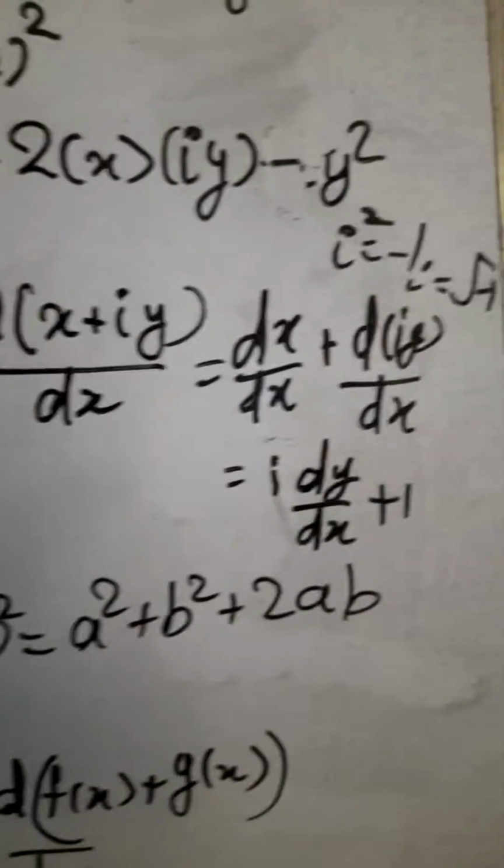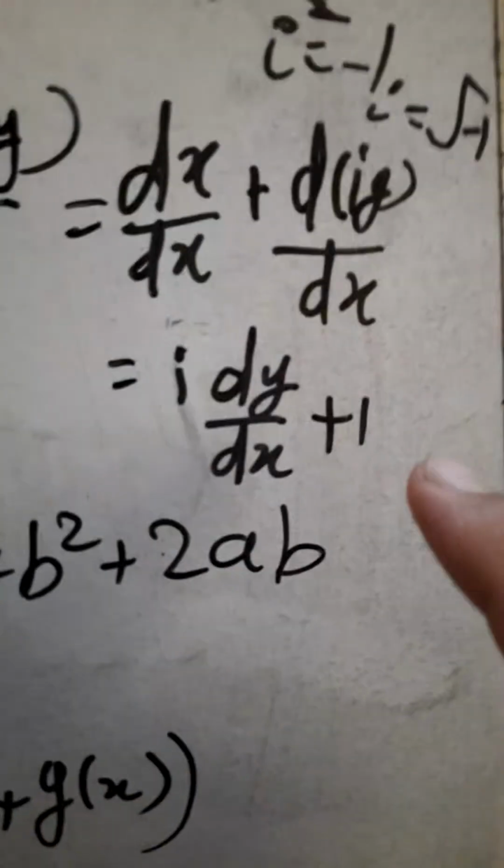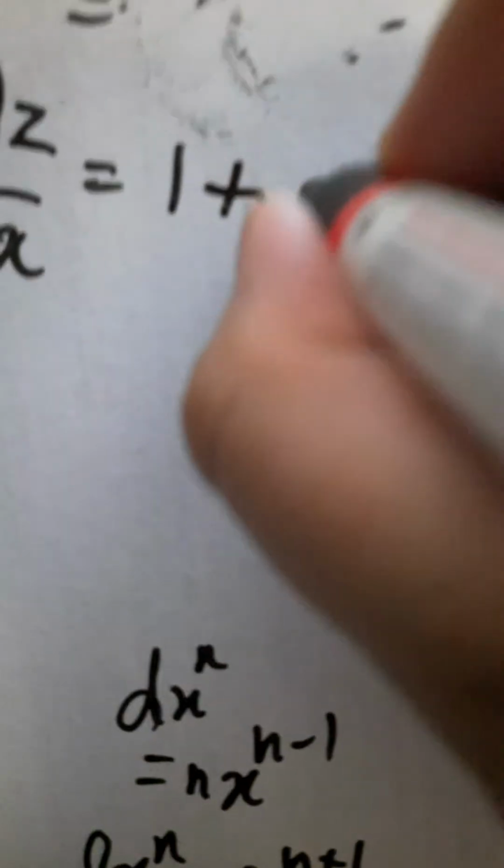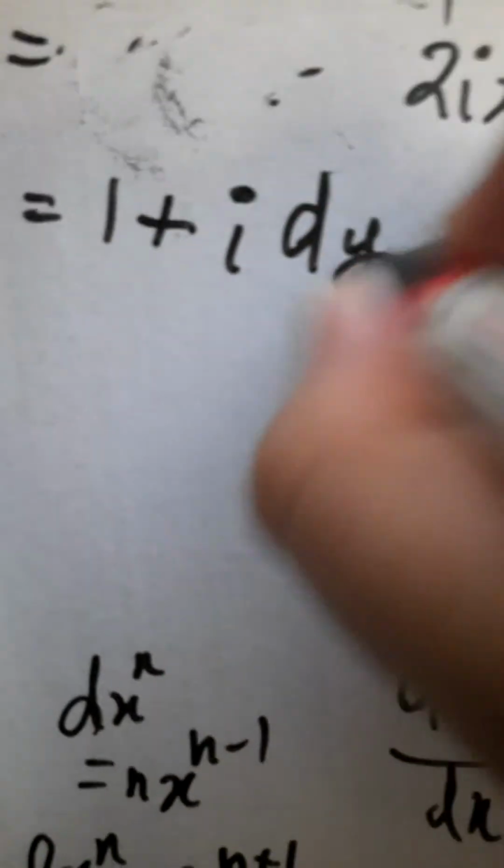Now dz by dx is equal to, we found it here, dz by dx equal to this, okay, is 1 plus i dy by dx.